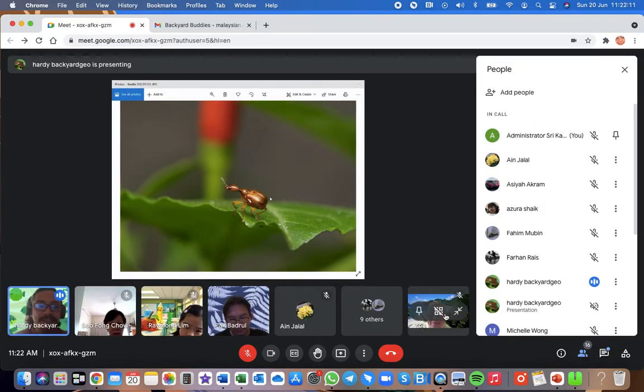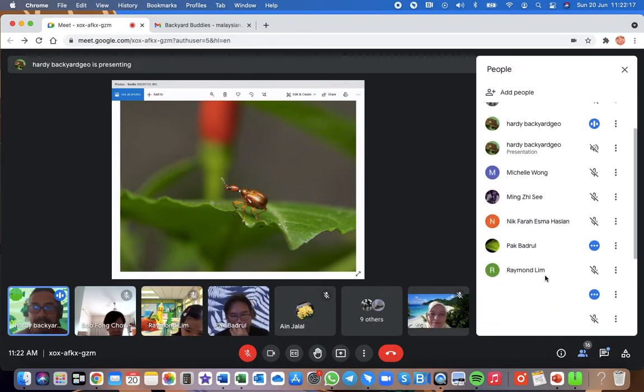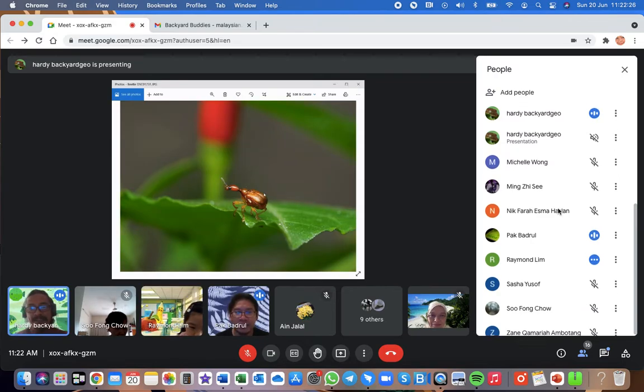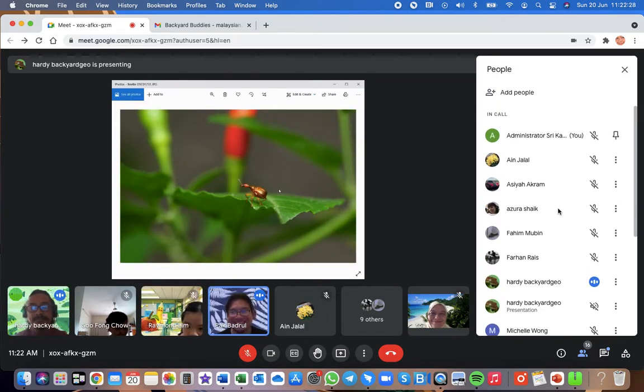Anyway, this is a female, that's why the neck is a bit shorter. The male would have a slightly longer neck. They say giraffe because they have a long neck. Okay, so we move on to the next one.